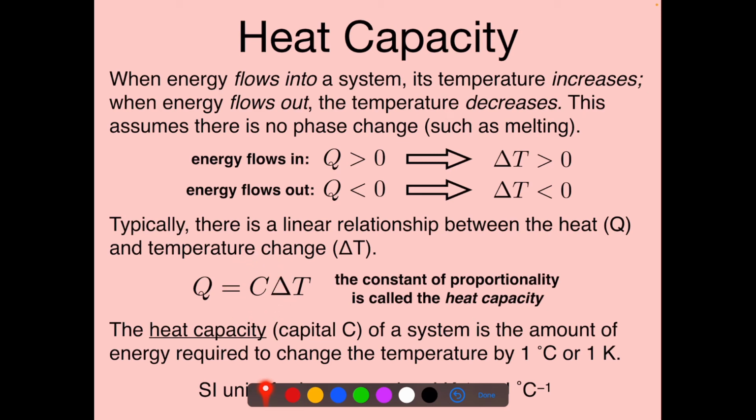So the heat capacity, capital C, is the amount of energy that's required to change the temperature by 1 degree Celsius or 1 Kelvin. So that means the SI units for the heat capacity are joules per Kelvin or joules per degree Celsius. So let's see that in a little bit more detail.